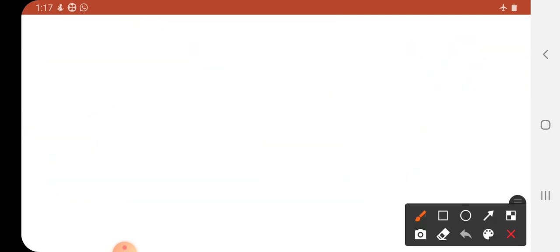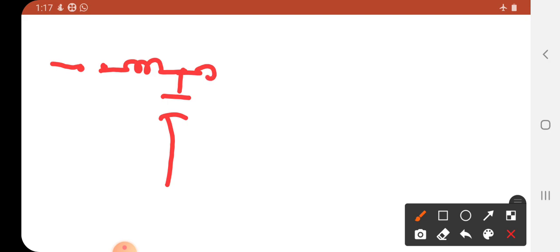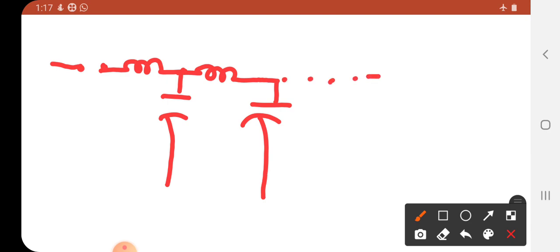Then we can draw the circuit as follows. This is the switch. Here it is inductance, capacitance, inductance, capacitance, and so on, inductance, and the load, like this.